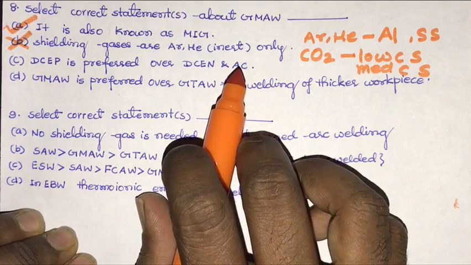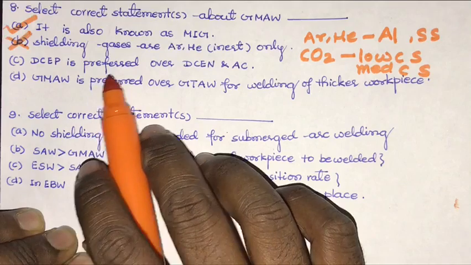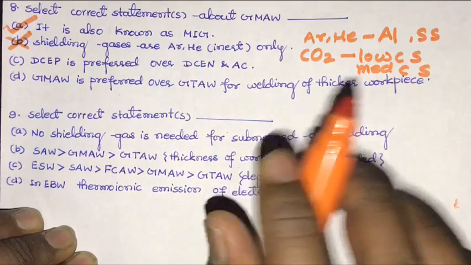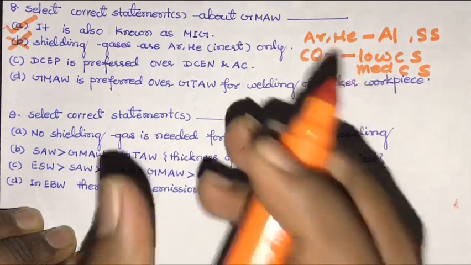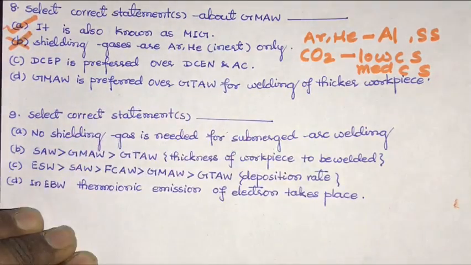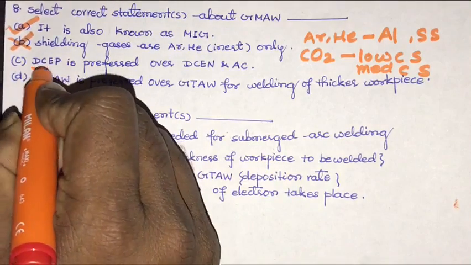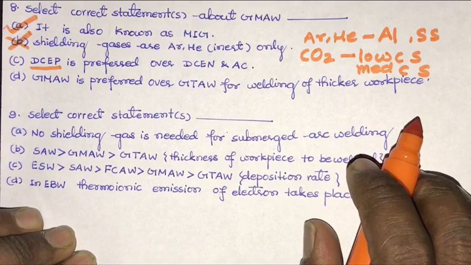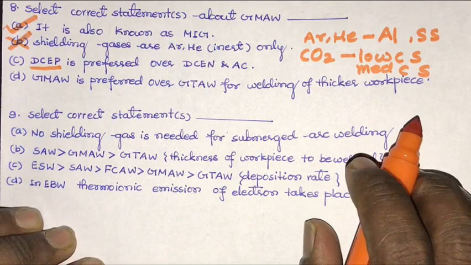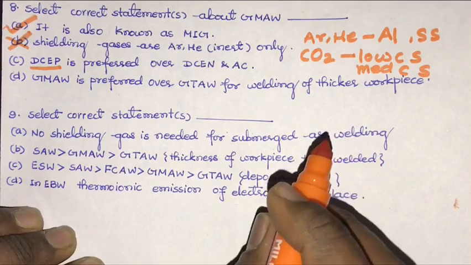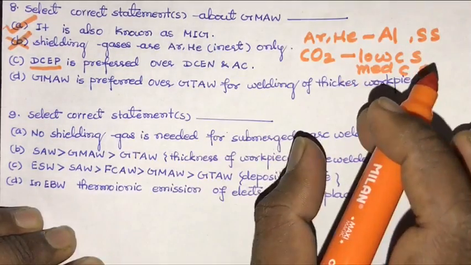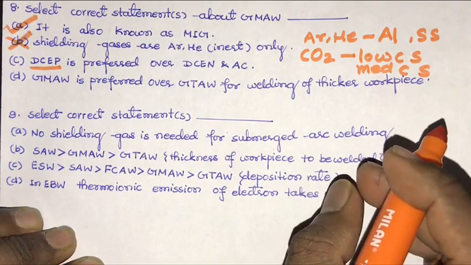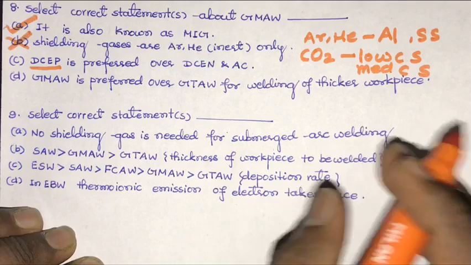Unlike gas tungsten arc welding, we use DCEP, that is direct current electrode positive, in MIG welding, because it produces a more stable arc, a smooth metal transfer with low spatter loss and good weld penetration.